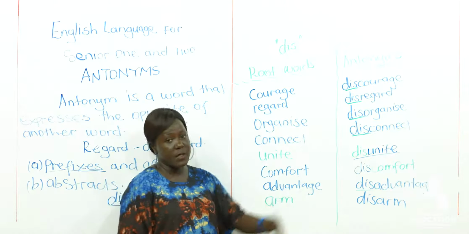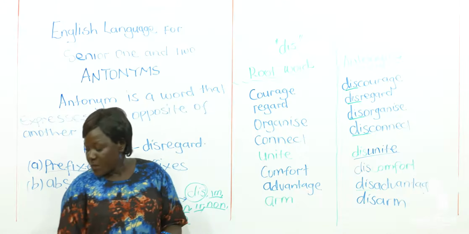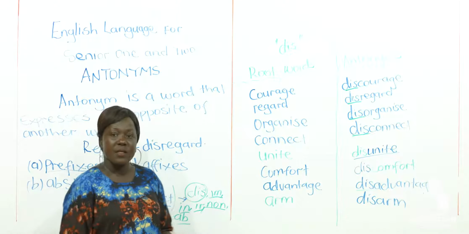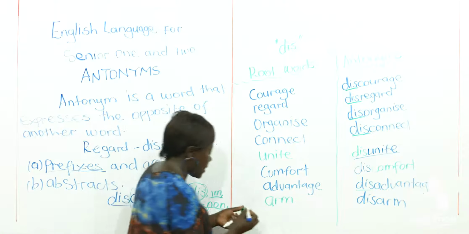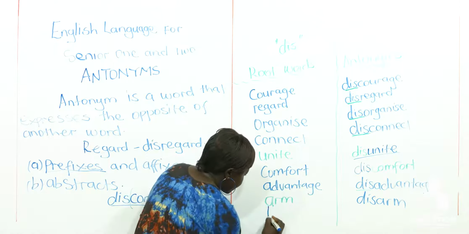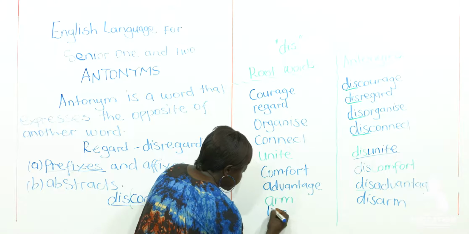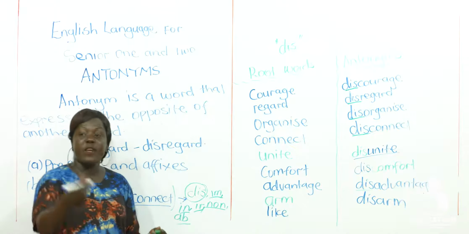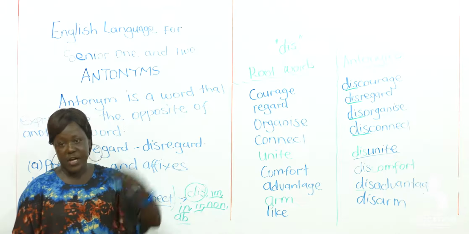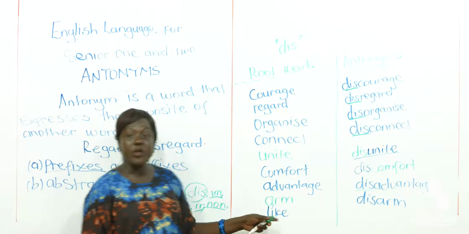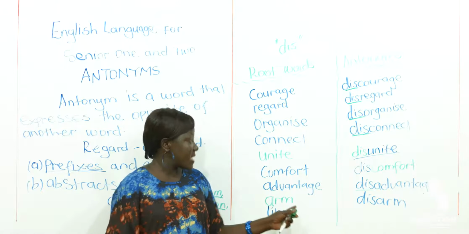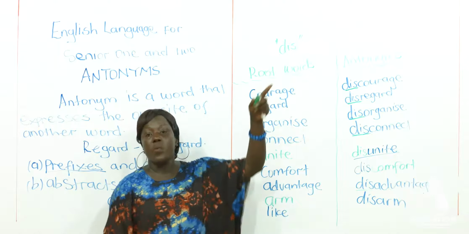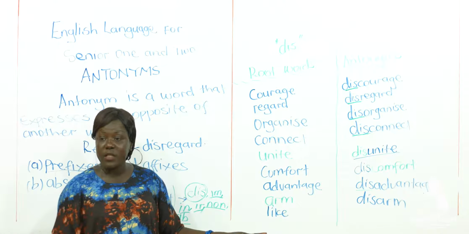Disarm this person. Even you can use in words like place, honor, like. So you can write words like. I am in love with something. I like this dress. But if you want to say you don't like it, you don't need to say I don't like it. You can just apply this to mean the opposite of that like.